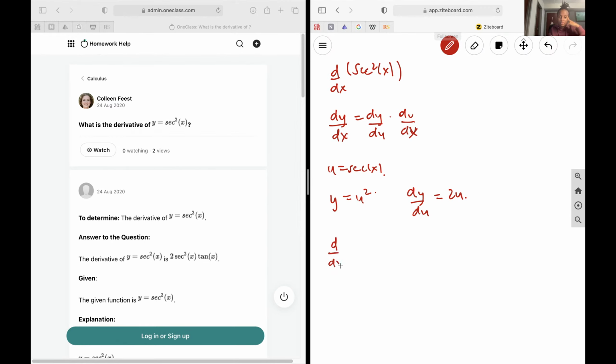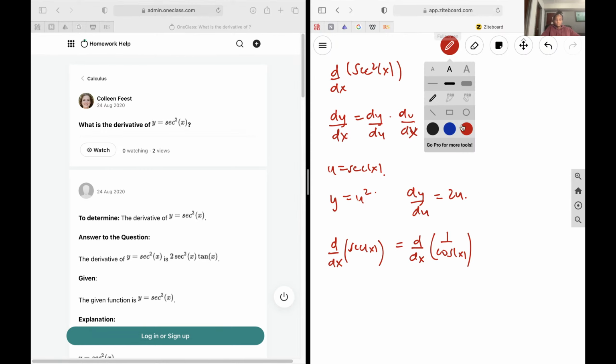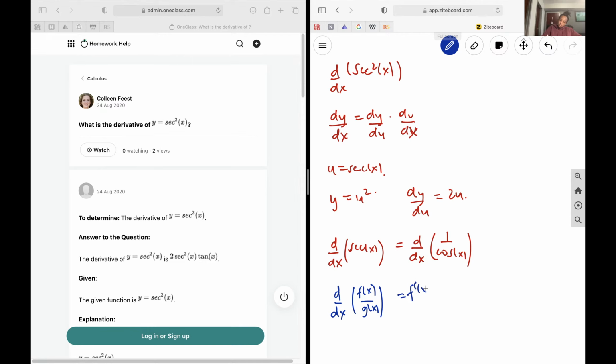Now we need to find the derivative of secant x. I just need to note that secant x is 1 over cos x, and for this, again, I'm going to use the quotient rule. The derivative of f of x over g of x is the derivative of f times g of x minus the derivative of g times f of x, all over g of x squared.